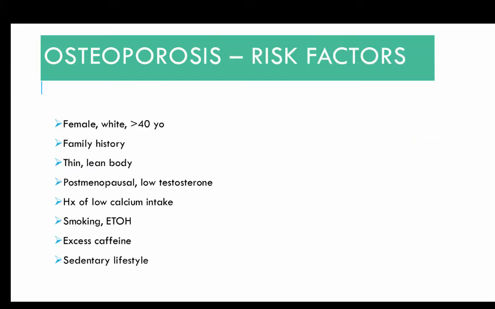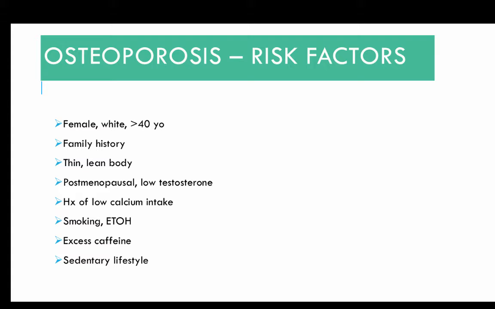Okay, we already talked about the osteopenia. Now let's look at the risk factors for this. Risk factors include being female and white and over the age of 40. African American or Black women are much less likely to get osteoporosis. Women of Asian descent frequently have a problem with osteoporosis, though.